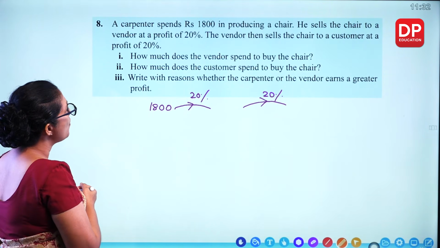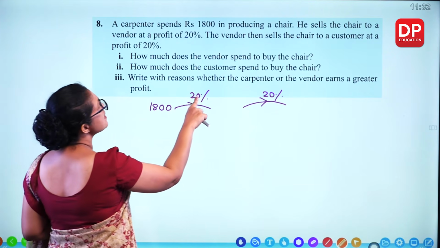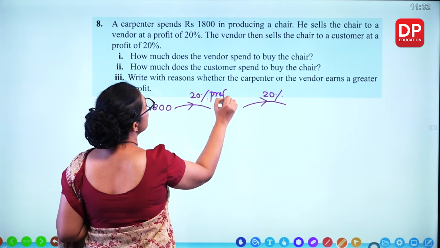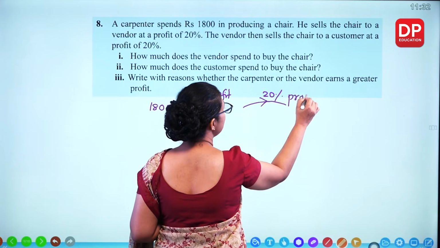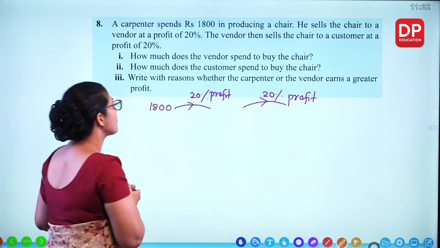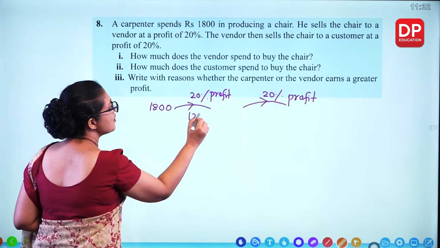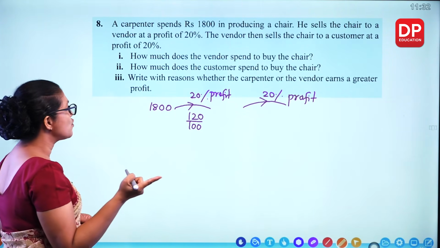How much does the vendor spend to buy the chair? So 20% profit here. And again, here also 20% profit. 20% profit means 120 over 100. If you buy for 100, you have to sell it for 120.